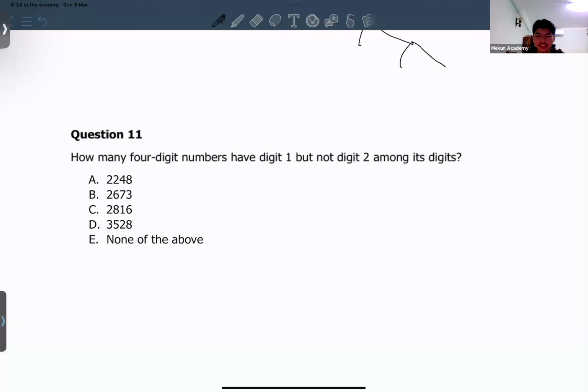So do you have any ideas on solving this question, or would you like to share with everyone? We count. Yeah, do you have any other strategies to find it faster? So is there anyone else who would like to share your thoughts on this question?